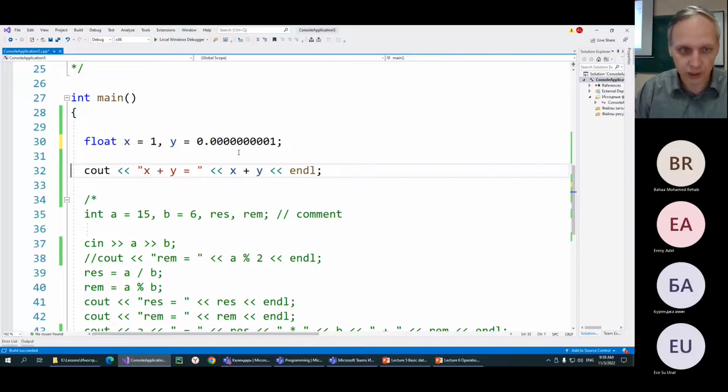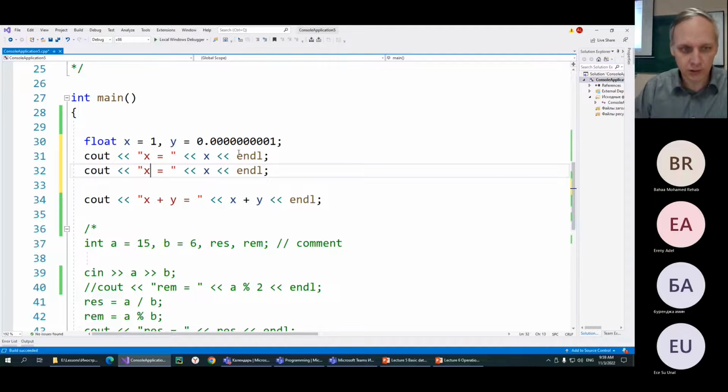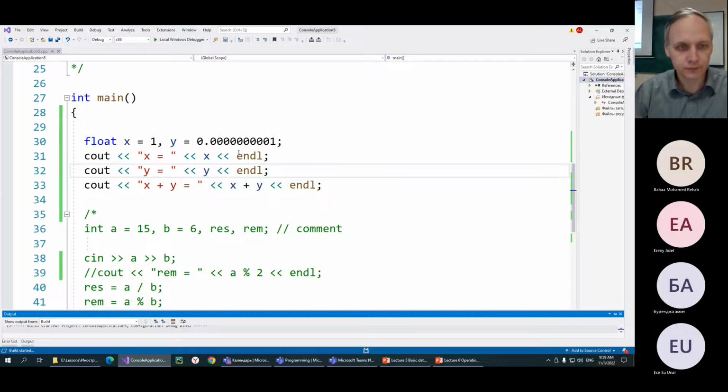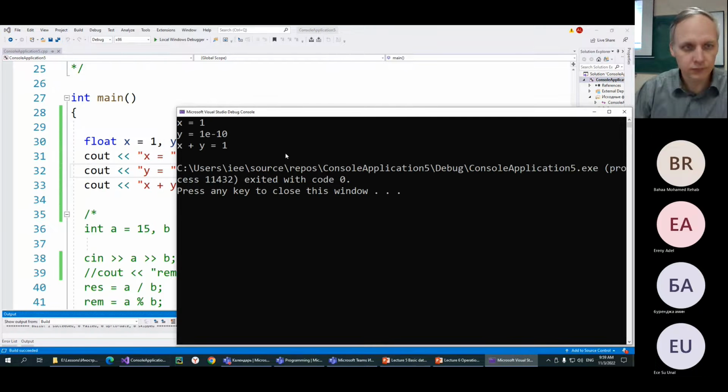Let's check it. Let me output these numbers separately: x equals x and y equals y.